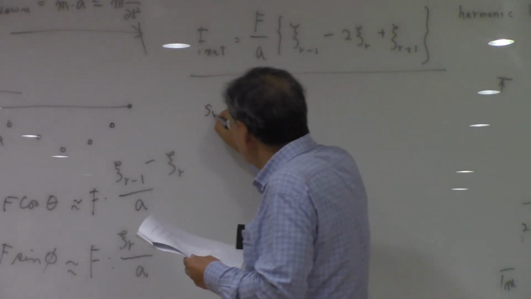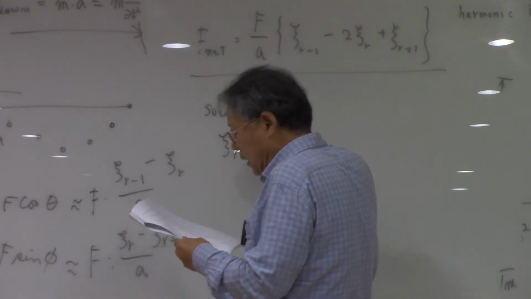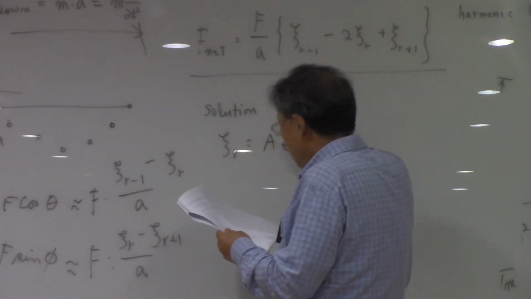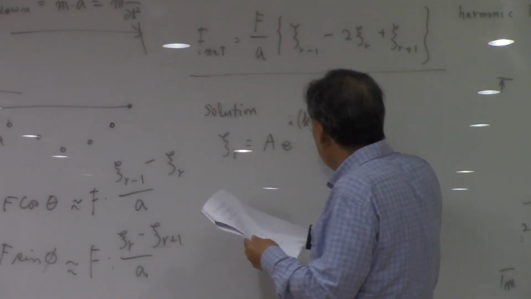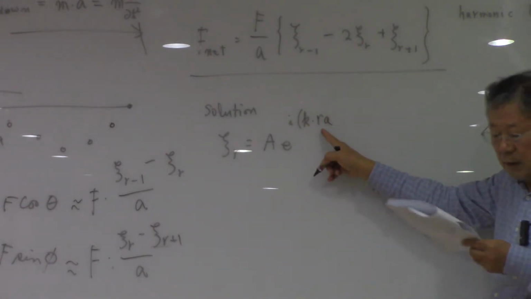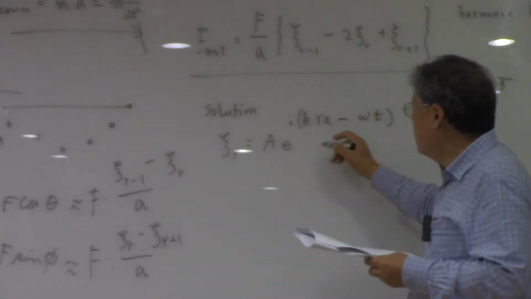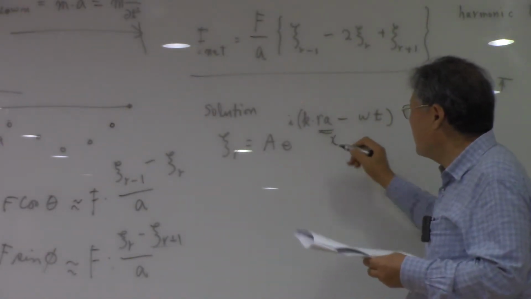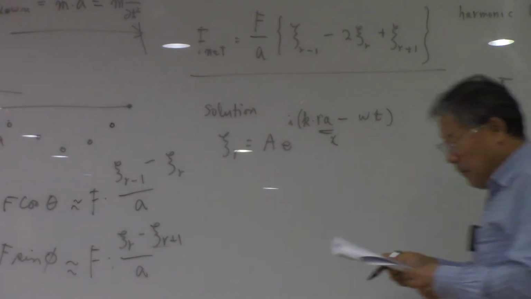And you know the solution of this psi is going to look like A e to the i(k r a minus omega t). r a is the x, the position of the rth atom in the lateral distance a.